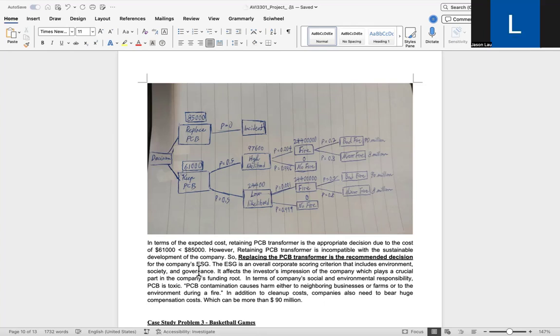So in conclusion, we think that replacing the PCB transformer is the recommended decision for the company's ESG, which means environment, society, and governance. If a fire happens, it will not only cost a lot for the cleanup, but it is also an environmental and social responsibility issue because PCB is a toxic material.